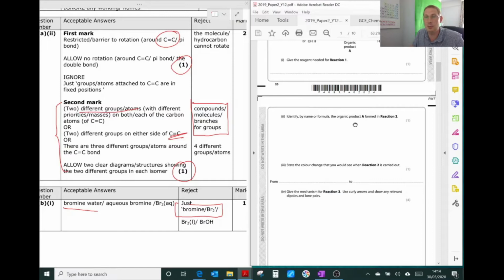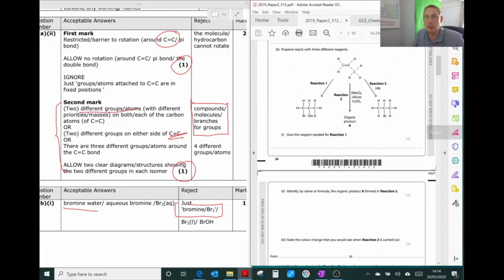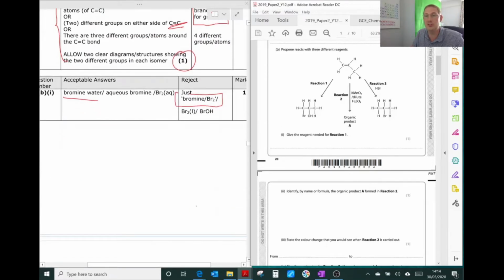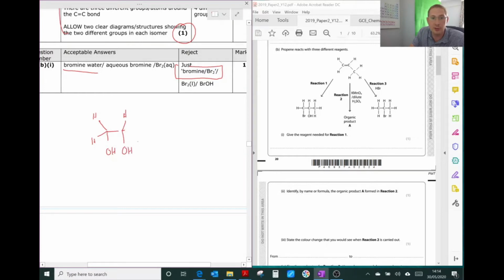Identify by name or formula the organic product A formed in reaction 2. So you are adding acidified potassium manganate to an alkene, and as you should know, that will convert each of those carbons into an OH group. So hydrogen, hydrogen, OH, hydrogen, and then the other side of that is also an OH group, carbon, hydrogen, hydrogen, hydrogen.